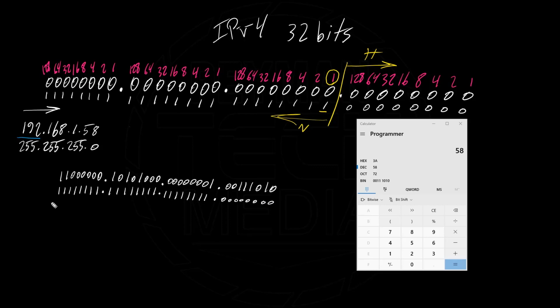Okay, now if we want to apply the ANDing, which is basically the only time the result is 1 is if both of them are turned on, the IP address and the subnet mask bit. That's the only time the result is on. So this is on, so that's on, that's on. This is off, on, so that's off, on, off, off.